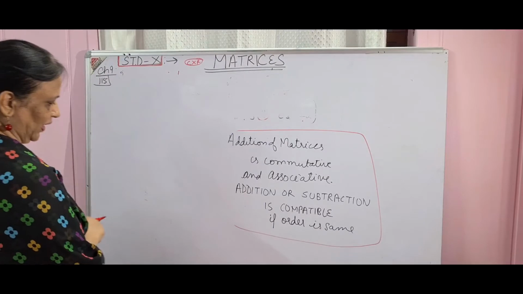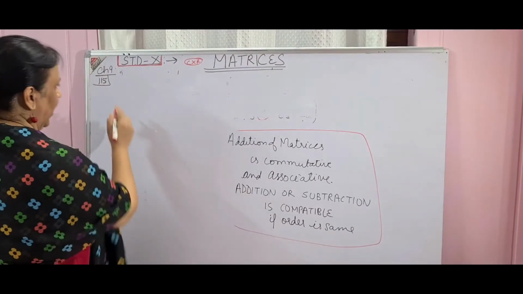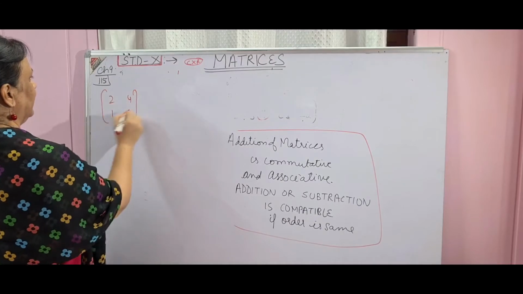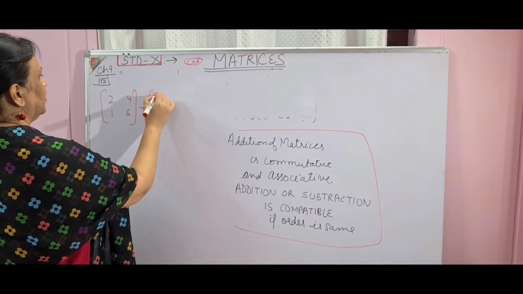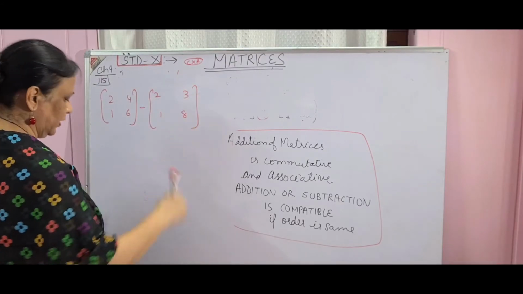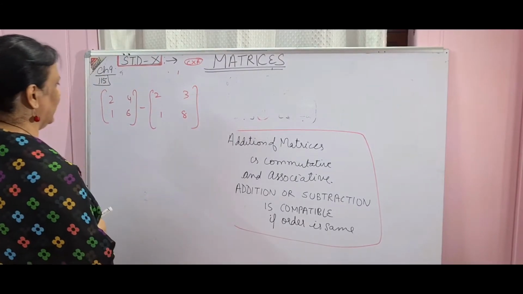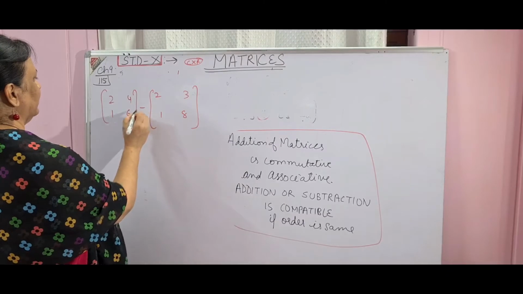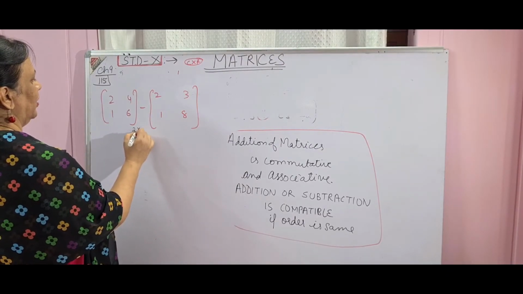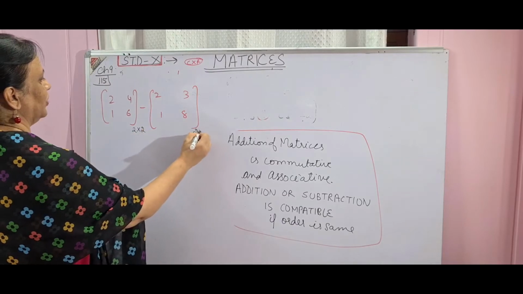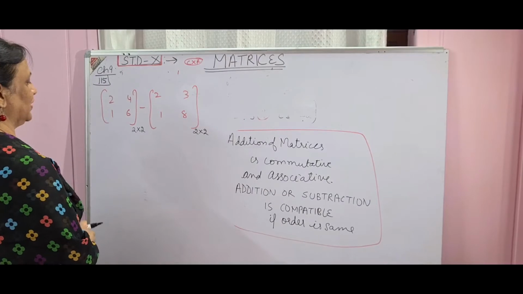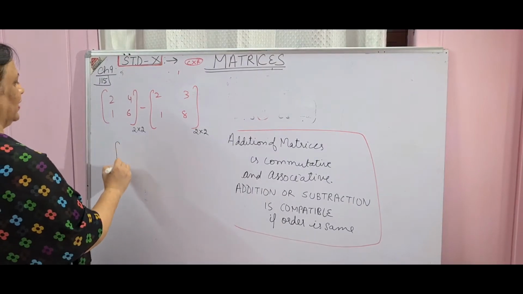For example, if I have a question like this, 2, 4, 1, 6 minus 2, 3, 1, 8. I'm talking about minus first. See how this subtraction is possible: my order is 2 by 2. I have to write the order, though it has not been given in the question, because this carries marks. Then I will subtract it.